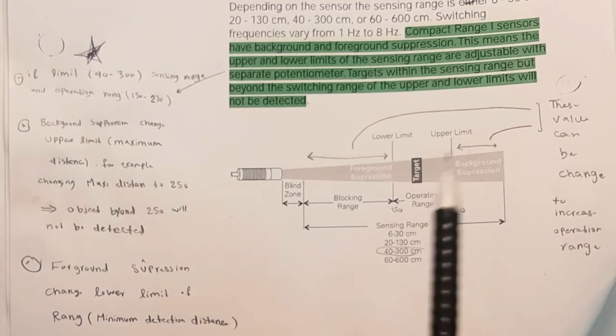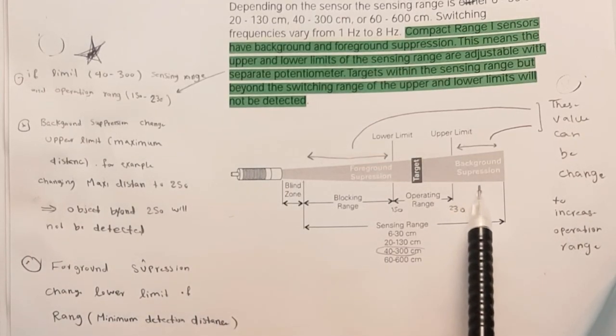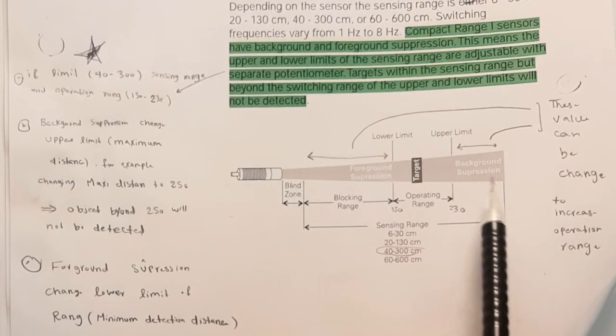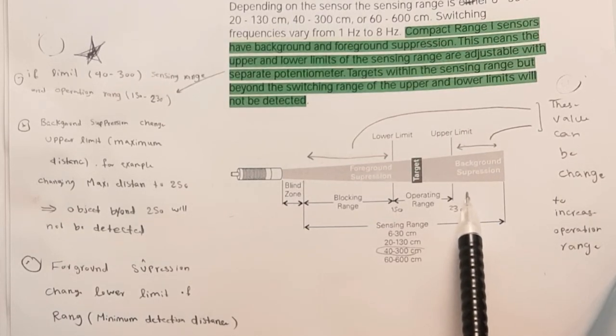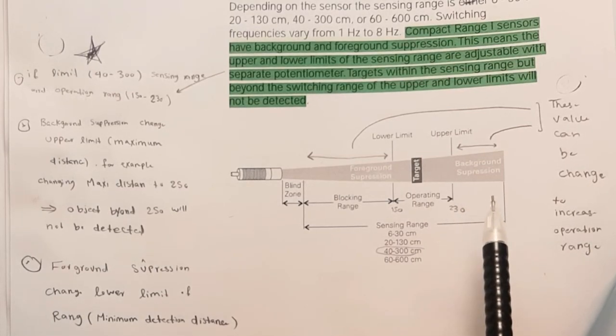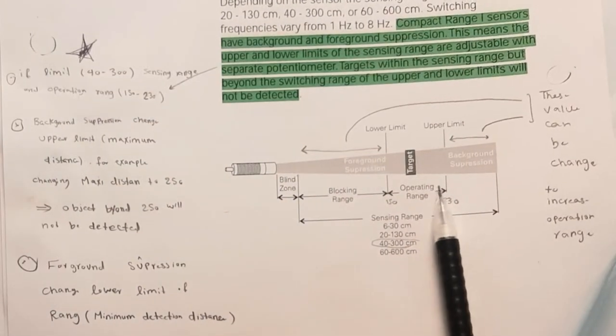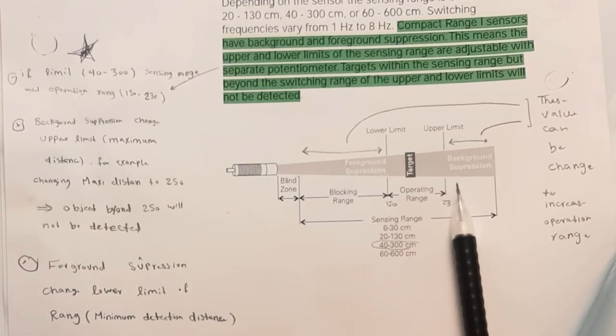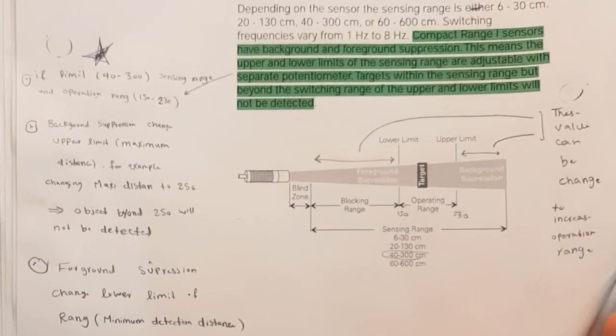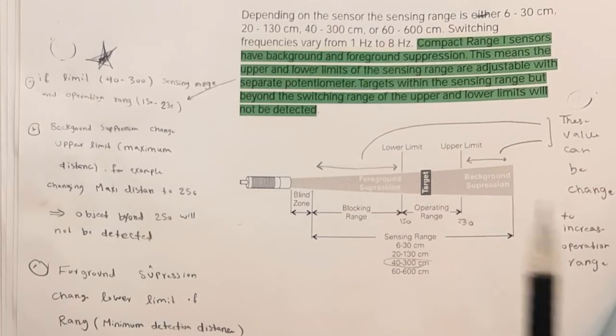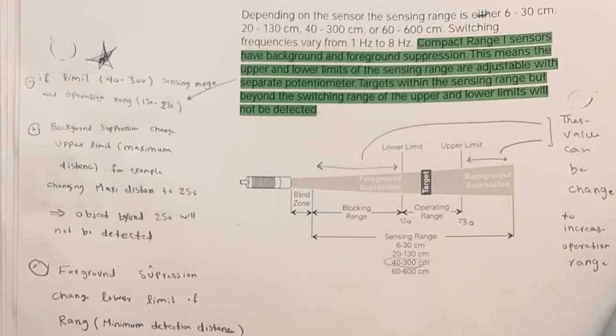Here we have what we call the background suppression. The background suppression changes the upper limit or the maximum distance. For example, if we move the maximum distance from 230 to 250, any object beyond this point will not be detected.